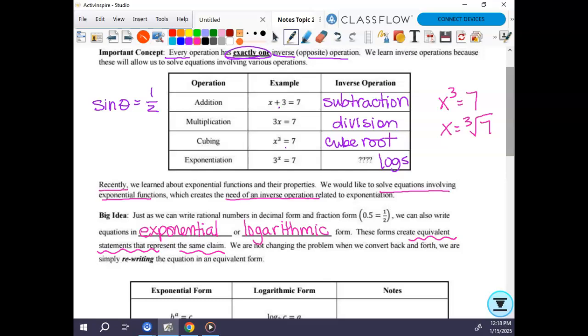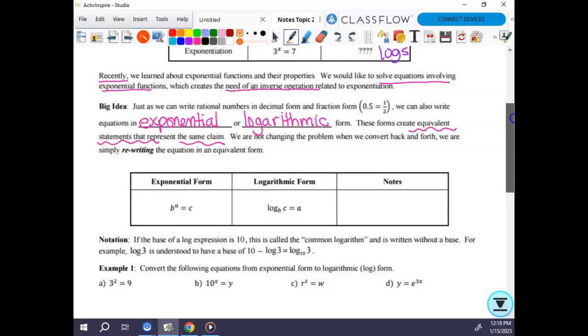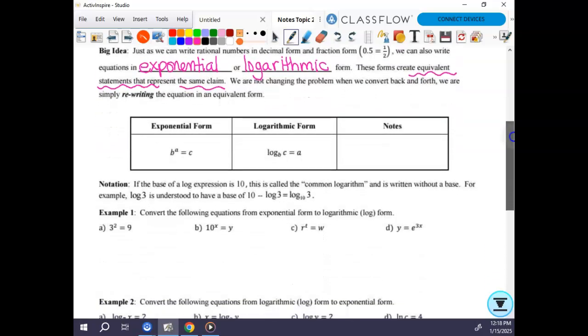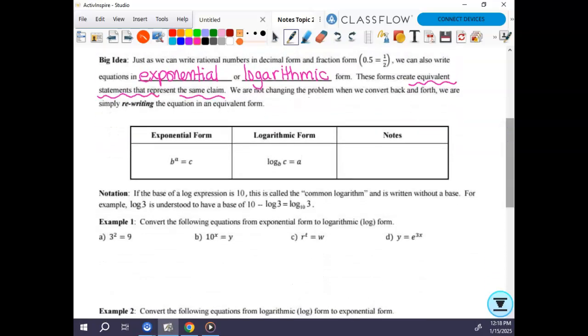The relationship is still the same. When you do that with exponentials and logs, it changes the way they look a lot more, and I think that's why sometimes we don't really comprehend the fact that it means the exact same thing, just in a different form. Okay, so we are not changing the problem when we convert back and forth. We are simply rewriting it, okay?